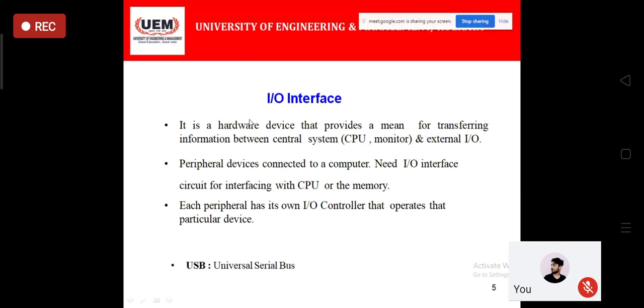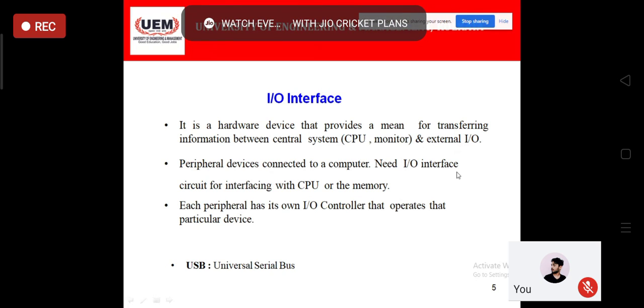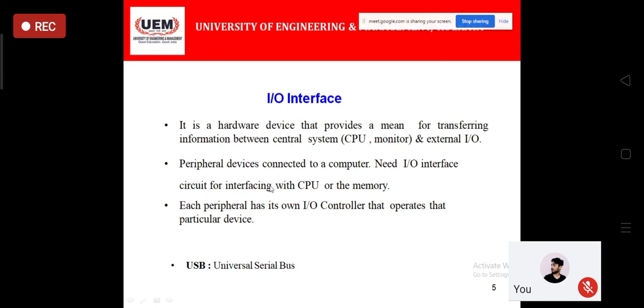It is the hardware device that provides a means of transferring the information between the input output device and the CPU, right? And definitely, the peripheral devices connected to a computer, these are the known things. I'm not repeating, but these are basically the preliminary things.